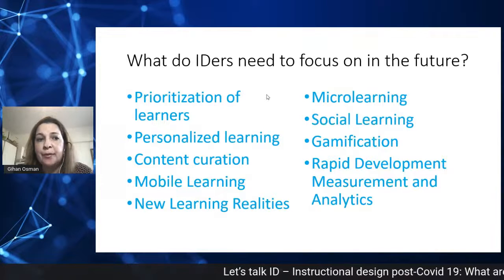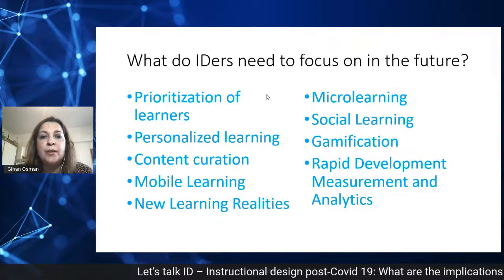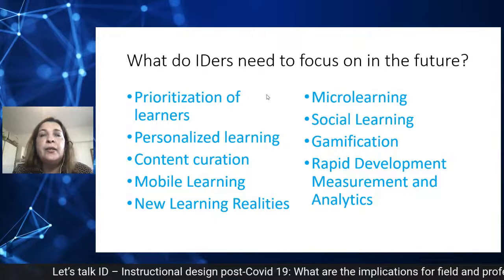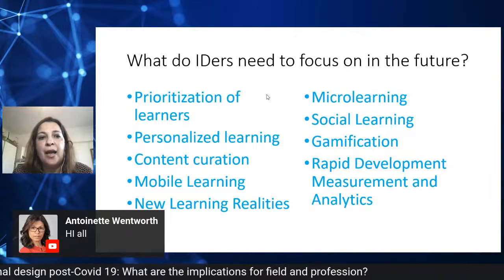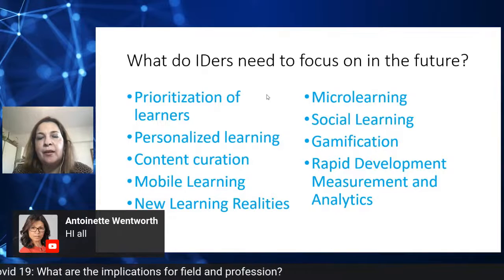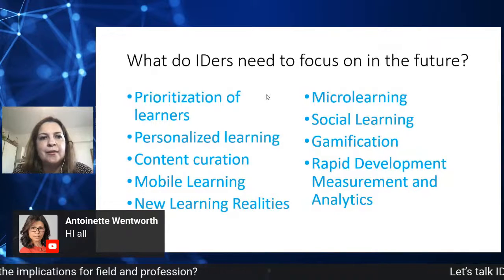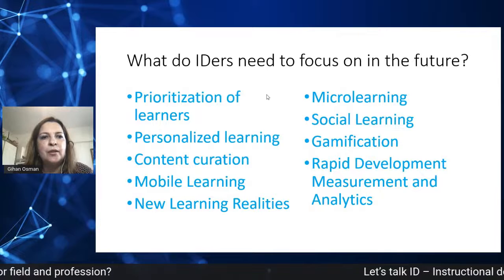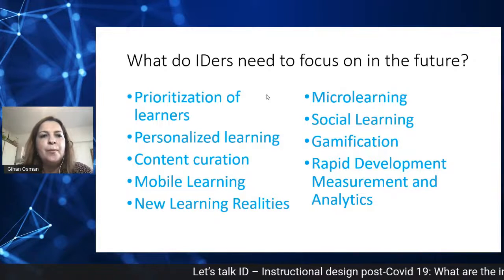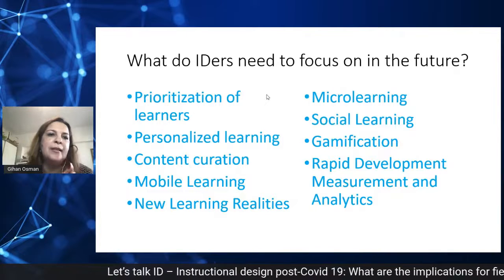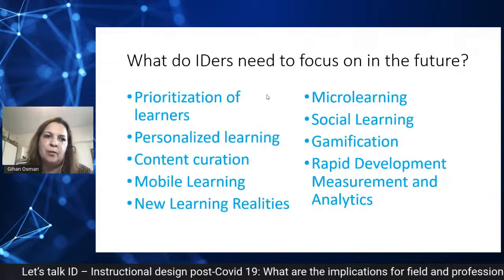Something else that happened during the pandemic was that in the need for speed and access to the majority, people had to think of, rather than having access to traditional content in terms of textbooks and pre-prepared materials, people started curating content that was accessible.